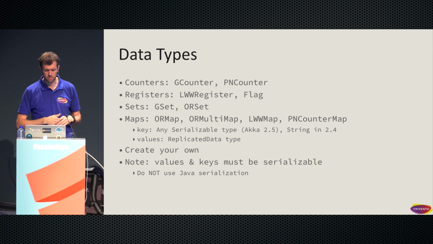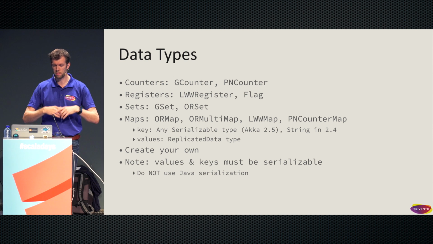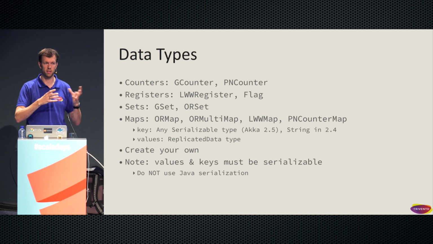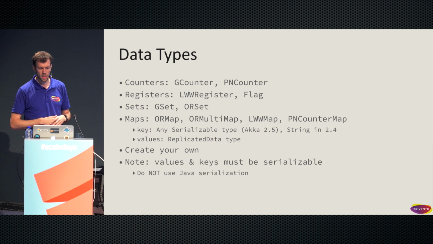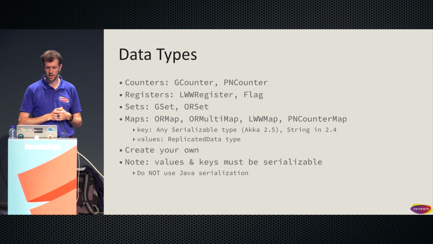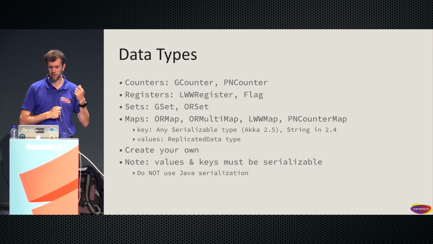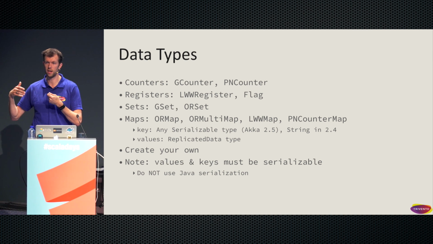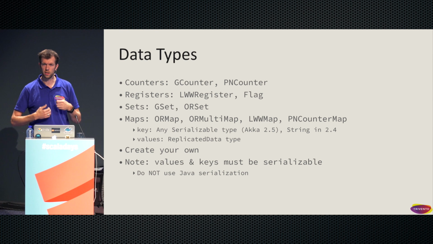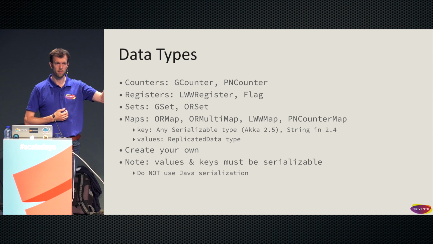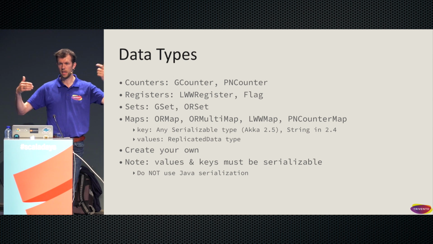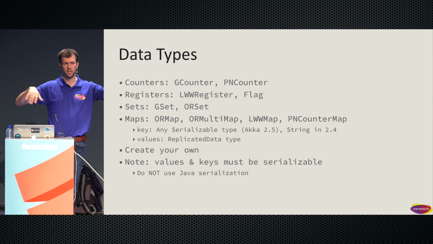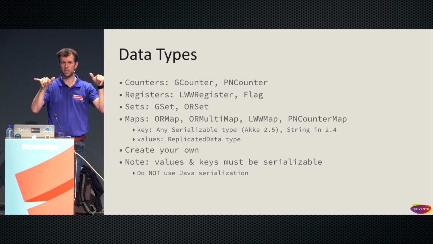And then there are a few maps. An observe remove map is essentially the building block of the map structure. And you have the OR multi-map, where the value in the map is an OR set. So essentially in a map, you need a key and a value, right? And when you need to propagate a map, you can match on the key, so the key doesn't need to be merged, because that's given.